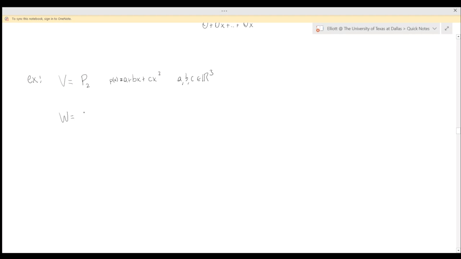Now, if I take W to be the set of all polynomials in P2 such that P evaluated at 5 is equal to, say, 0, we want to ask, is this a subspace?